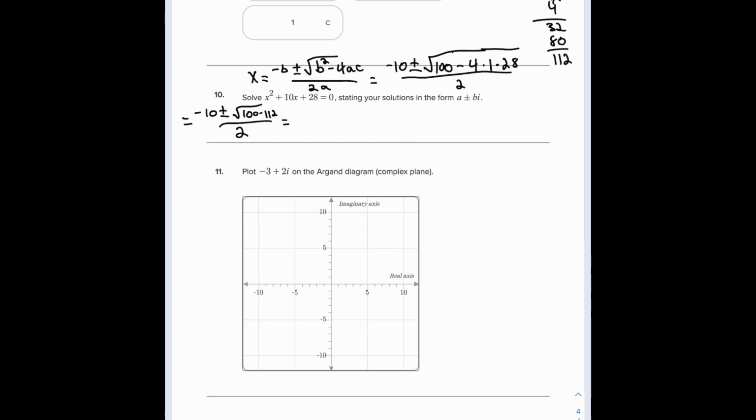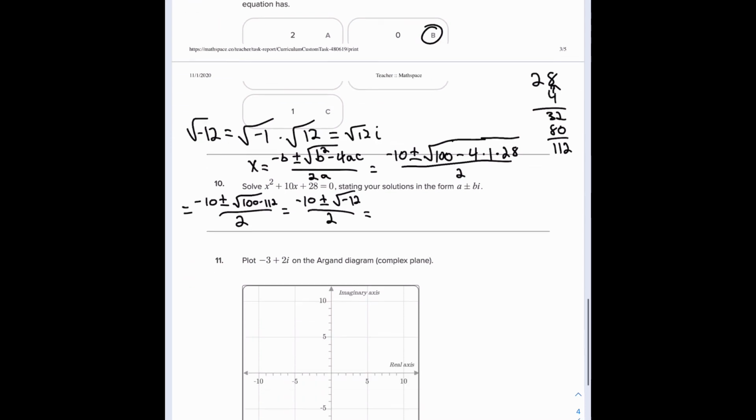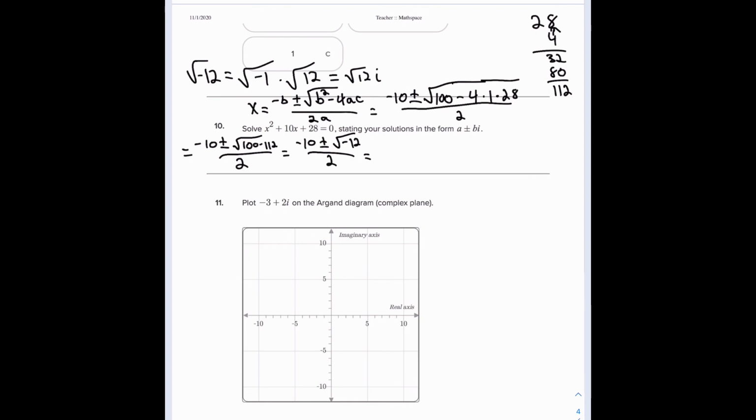Well, 100 minus 112, that's going to be a negative 12 all over 2. And then, radical negative 12 is the same as radical negative 1 times radical 12. So that's the same as radical 12 i. And then we could do some prime factorization of the number 12. 2, 6, 2, 3, 2 2's, and a 3.